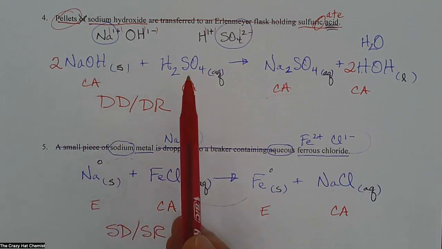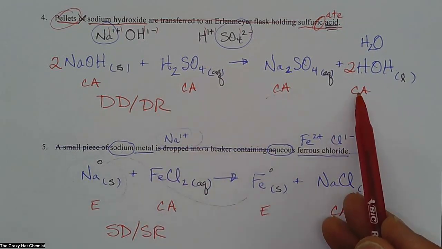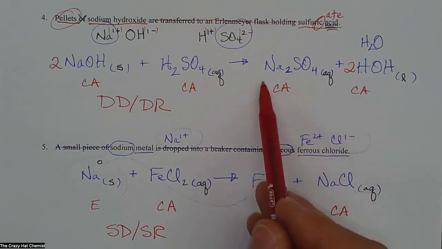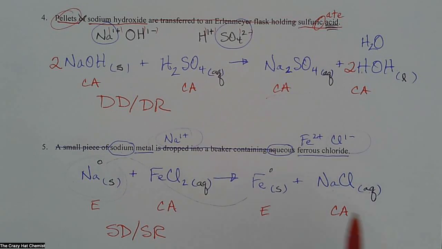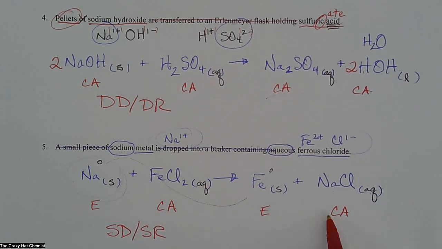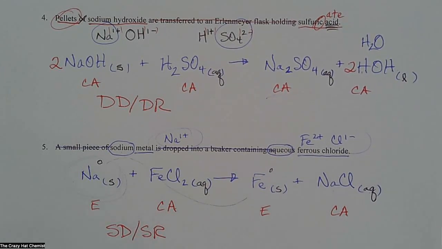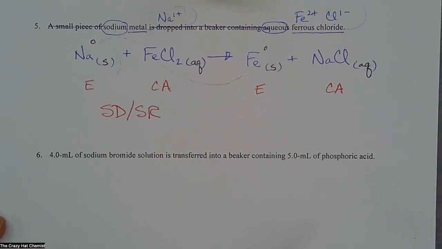That's a cation-anion for a double displacement, and an element and cation-anion for a single displacement. The products are the same for the double displacement as what you got for the reaction side, and that pattern is cation-anion. And again, the products for a single displacement are the same as what's on the reaction side, and that's an element and cation-anion. Okay, hopefully you can see the distinct difference and a little bit of a similarity between the two. All right, moving back up so that we can actually balance this in problem number 5.